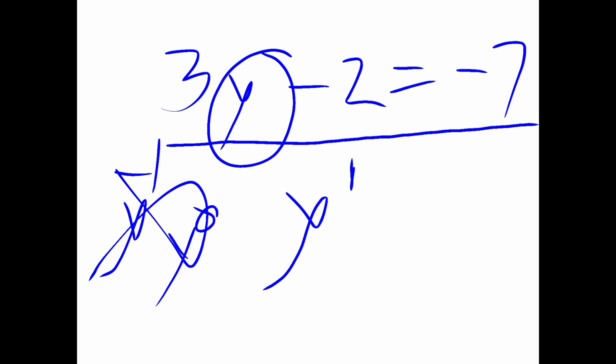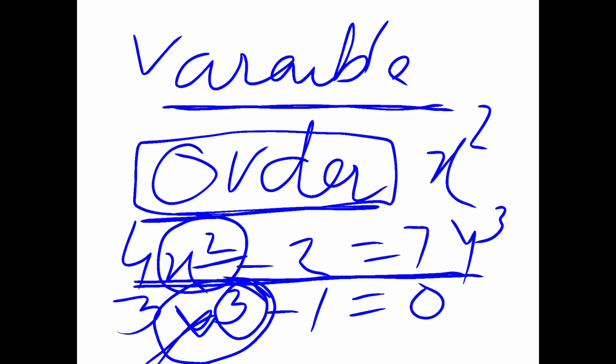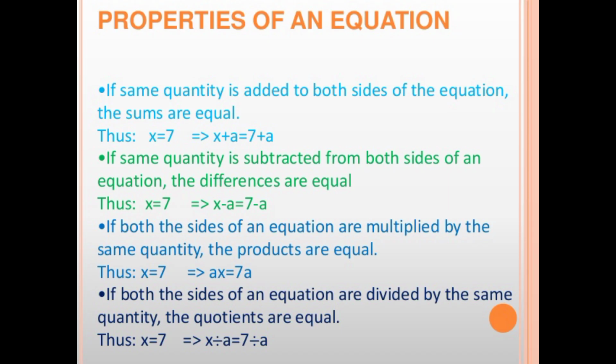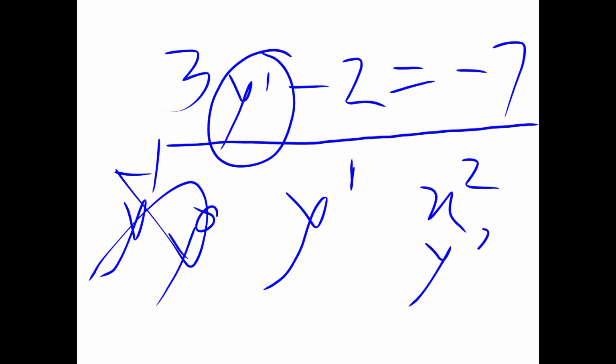Since it is not shown, it means the power of the variable is 1, right? So in the first equation the variable is carrying 2 as a power, and in the second the variable y is carrying cube, or 3, as a power.